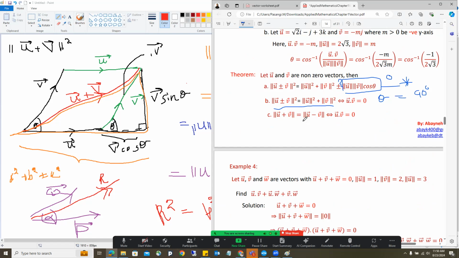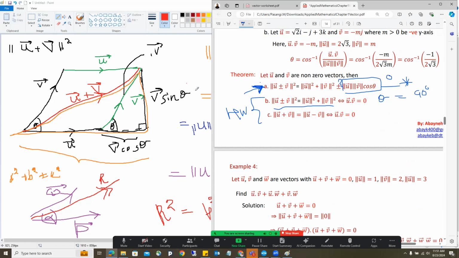So for the middle part, I'll give you a homework. I have already proved this expression with this one. As a homework, try to prove these two.